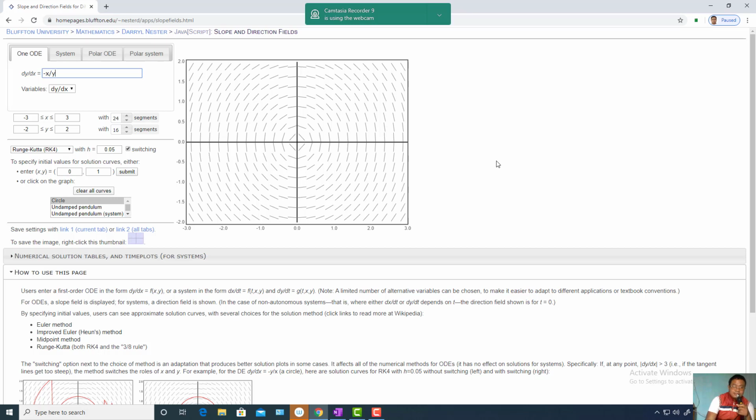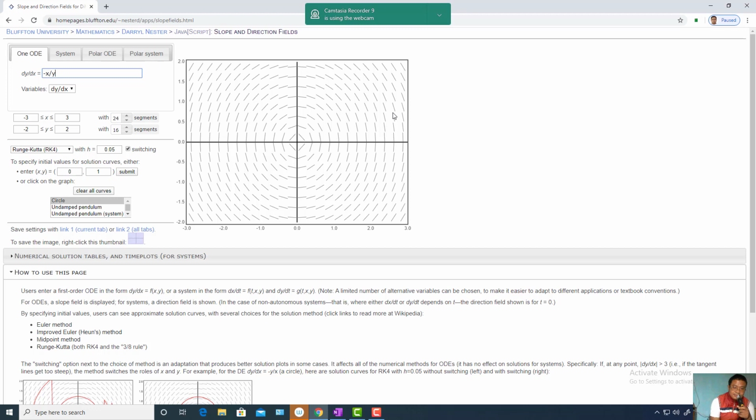So this is the vector field at this point. Here at this point you have a direction field. At this point you have a direction field. Okay, at this point you have a direction field.